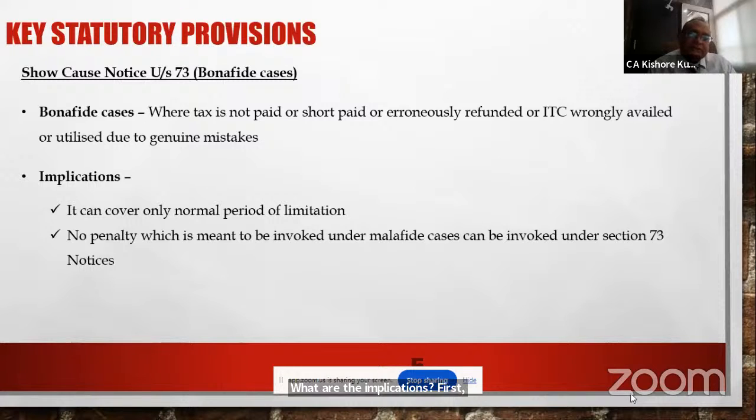First implication is that any show cause notice under section 73 can be issued only up to the normal period of limitation. We'll see in the subsequent slides what the normal period of limitation is, but it can cover only the normal period of limitation. Second, no penalty which is meant to be invoked for mala fide cases can be invoked when a section 73 notice is issued.